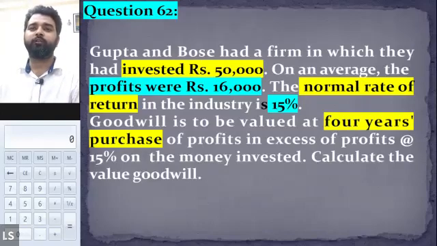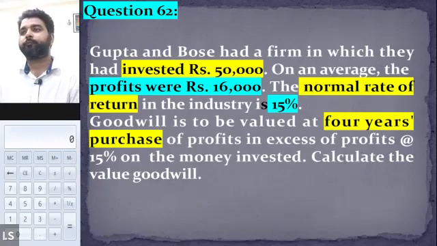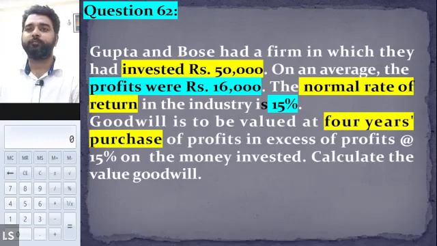So the rate of return that is prevailing in the market is 15% of the capital employed. That means the industry is generating around 7,500 of profit every year, whereas the firm is generating 16,000. Okay, sir. So the super profit, the difference between the average profit and the normal profit, is the super profit.